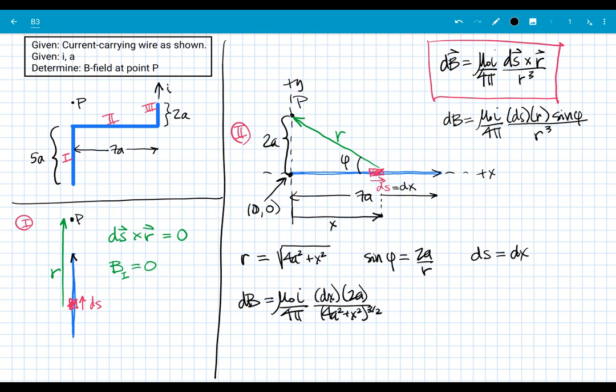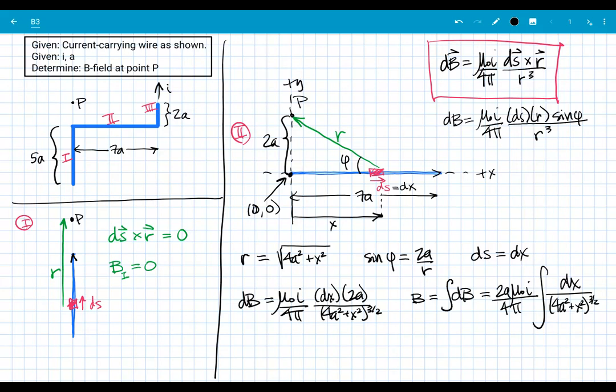When I'm writing out my integral for B, I'm just adding up all the dB's, so I can pull out all the constant stuff. That'll be 2a mu naught I over 4 pi. That leaves me with dx over 4a squared plus x squared to the 3/2 power in my integral.